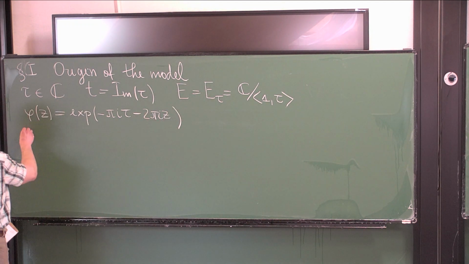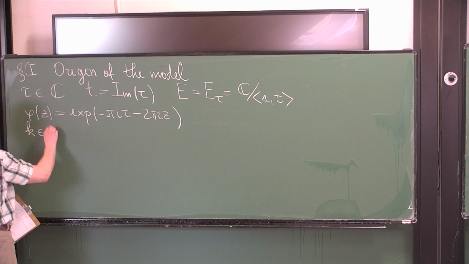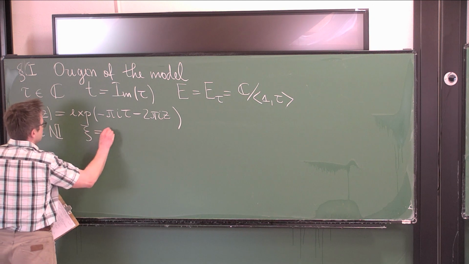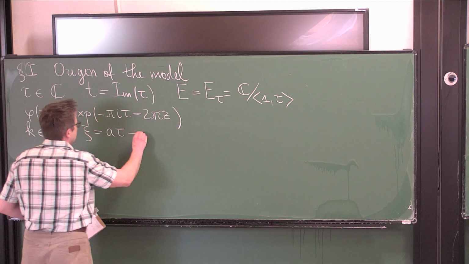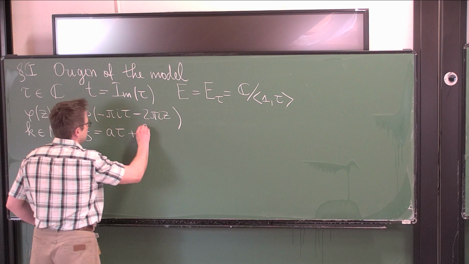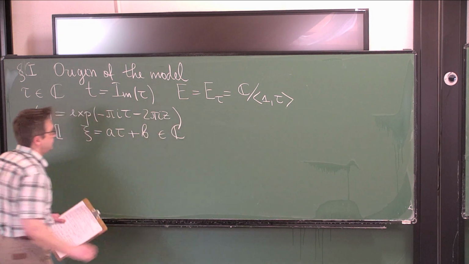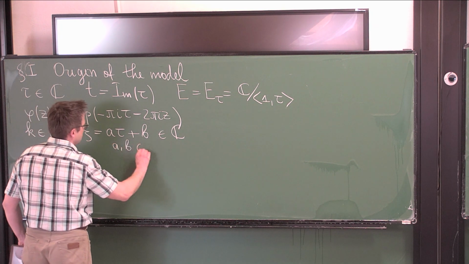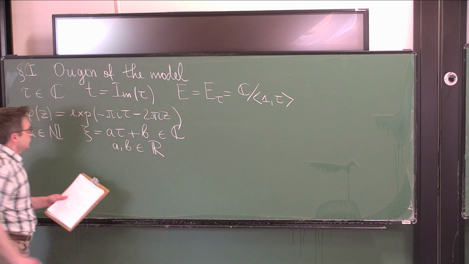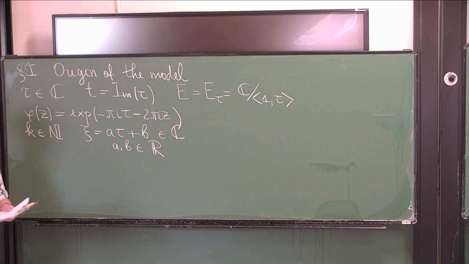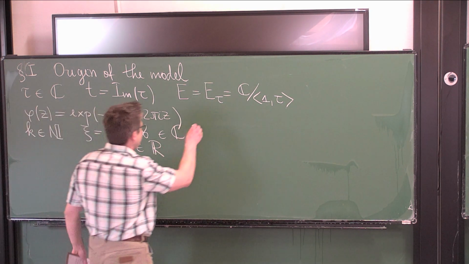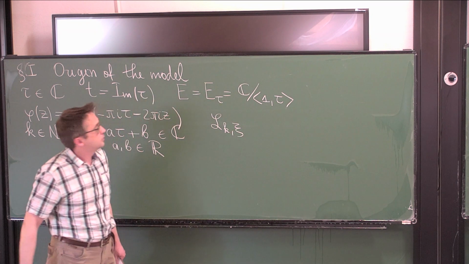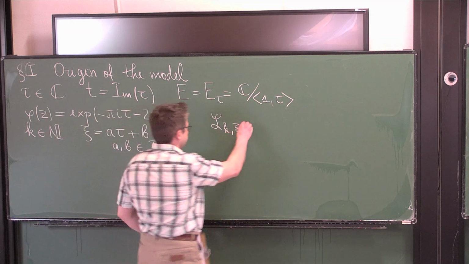I also choose a natural number, and I choose a continuous parameter, a point of C, and in this convention A and B are real. So attached to K and to Xi is a holomorphic line bundle.